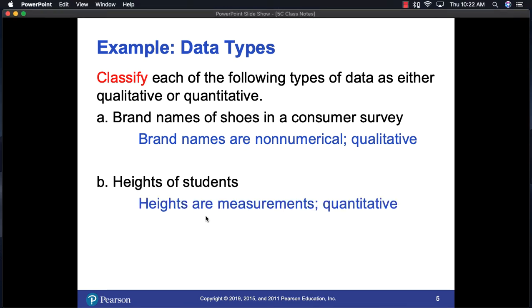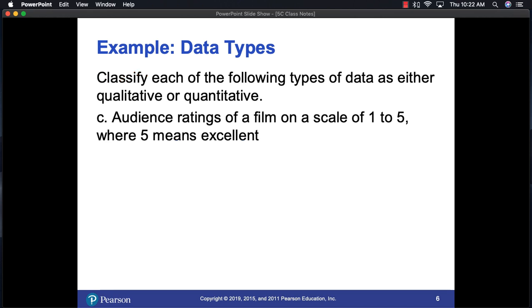You're right, they are measurements, therefore it is quantitative. So again, non-numerical are qualitative, numerical are quantitative.